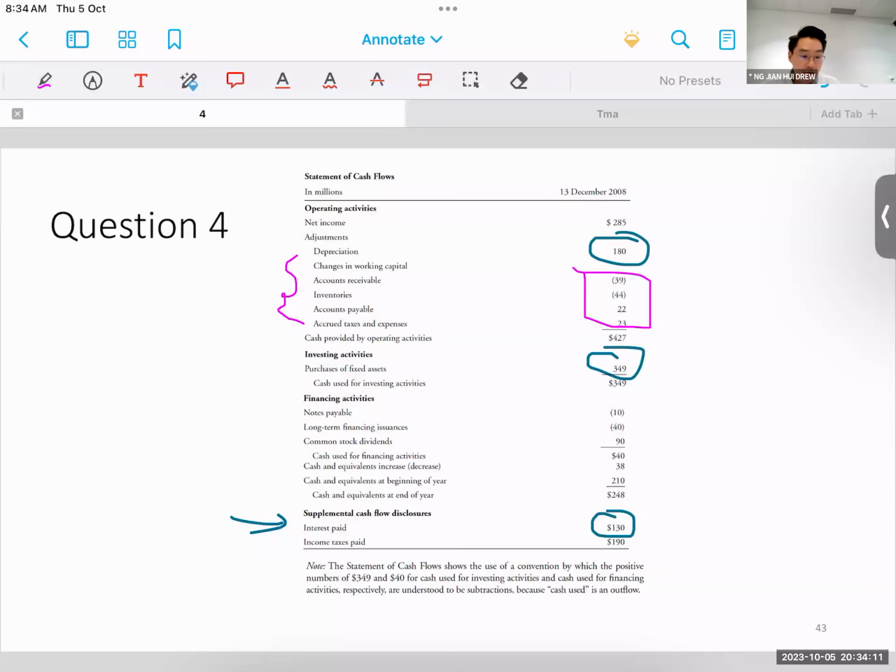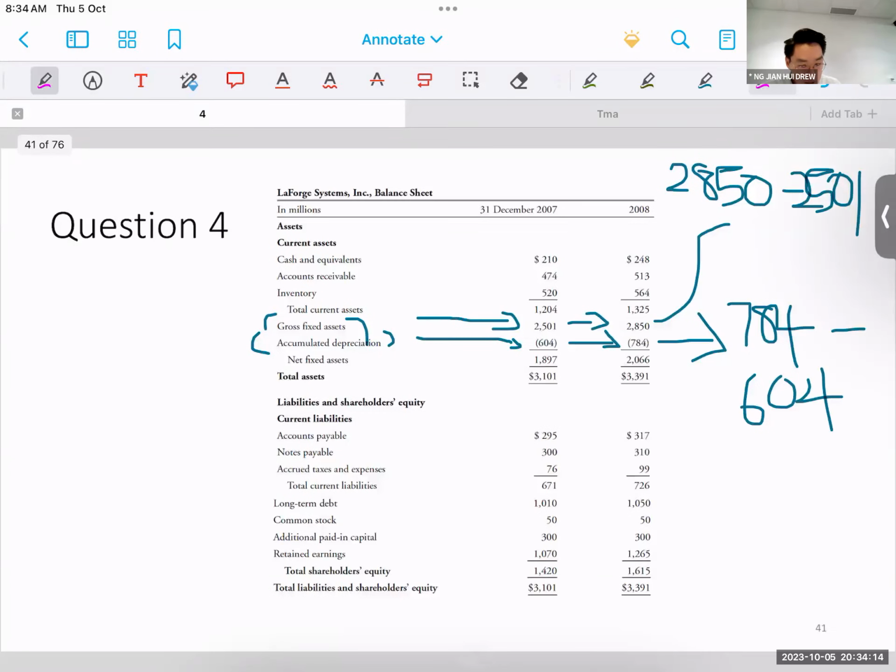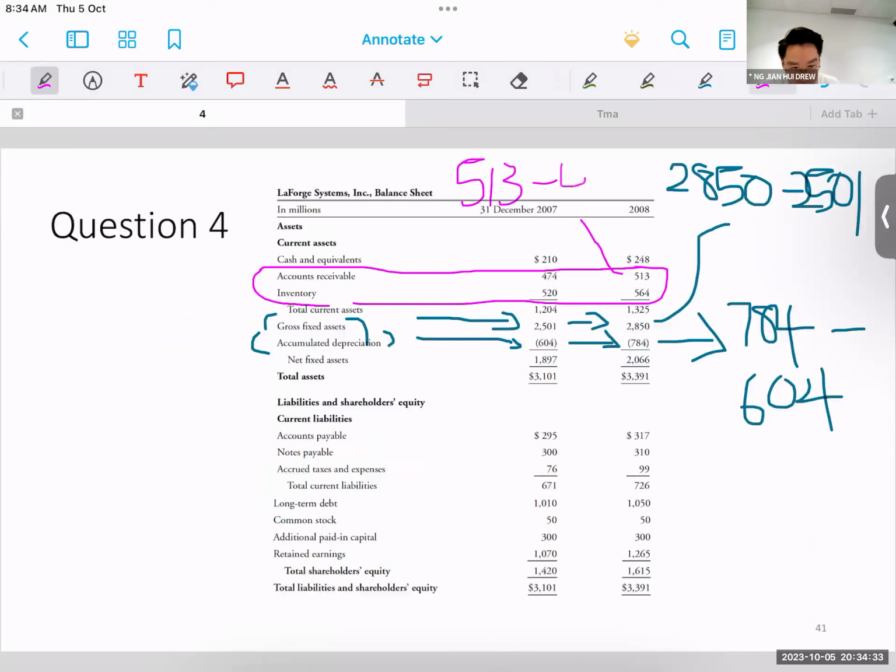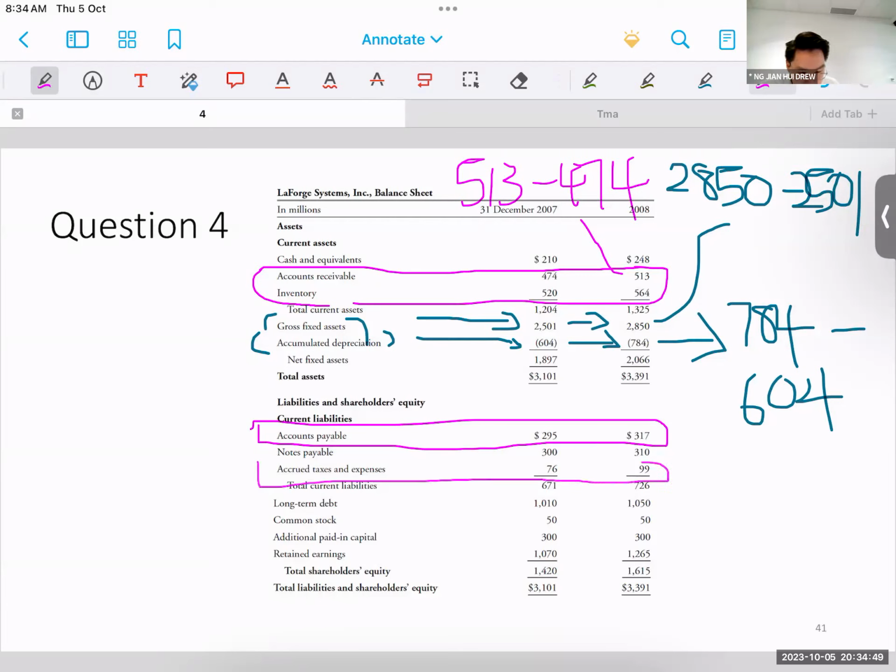However, if we'd like to use the balance sheet, no problem as well. Let's pick the items that we want to include. So we need accounts receivable and inventory. And remember, we need to minus because we need to take 513 minus 474. And then we do the rest as well. We need to do the payables here, and accrued tax.